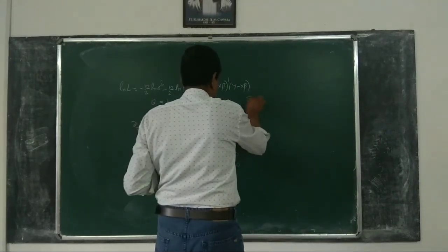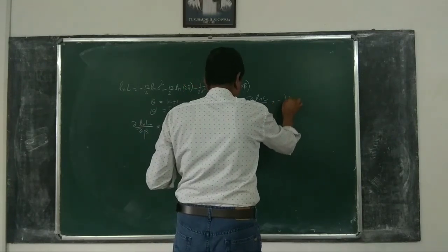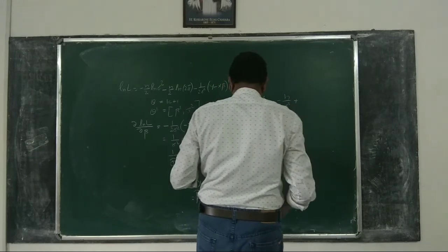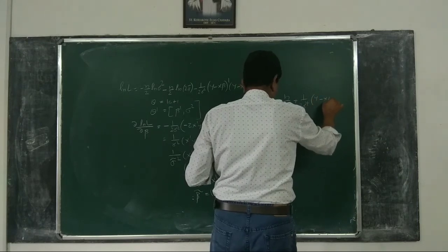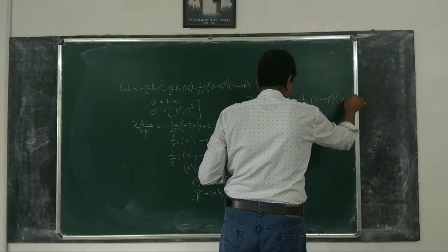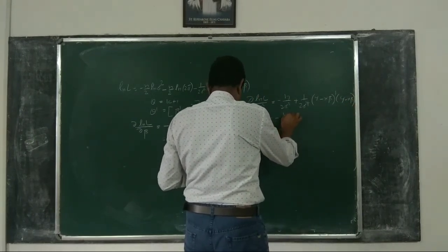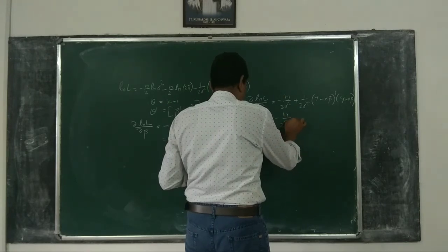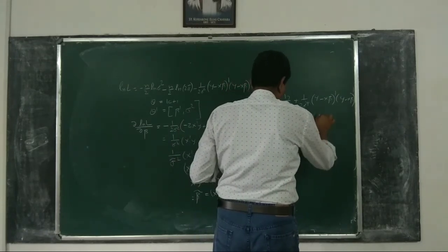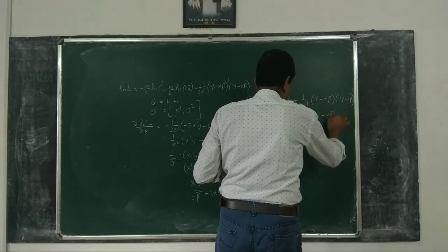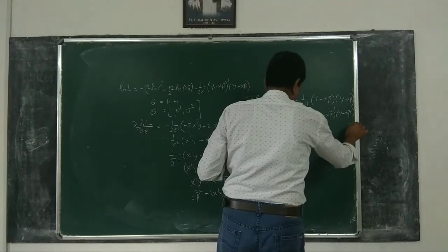Dou ln L by dou sigma square is equal to minus n by 2 sigma square plus 1 by 2 sigma raised to 4 times (y minus x beta) transpose (y minus x beta), which is equal to minus n by 2 sigma tilde square plus 1 by 2 sigma tilde raised to 4 times (y minus x beta tilde) transpose (y minus x beta tilde). Equate it to 0.